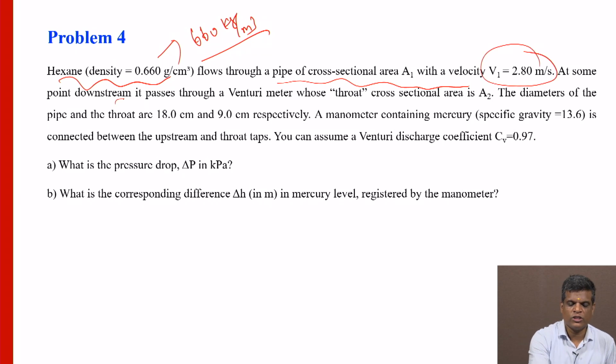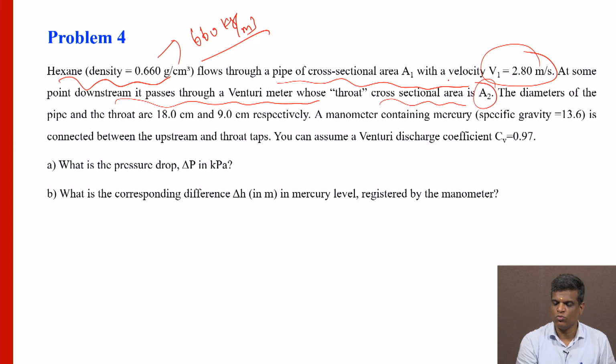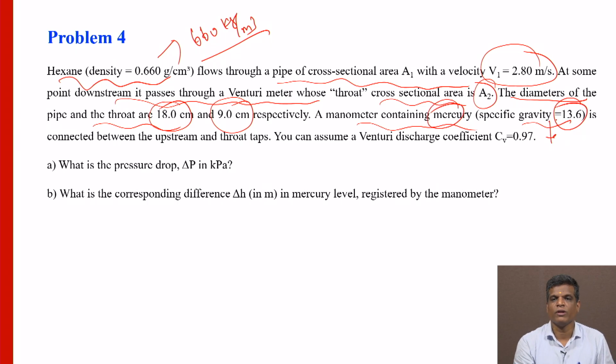At some point downstream of the Venturi meter is the throat cross-sectional area A2. The throat diameter is 9 centimeter. The manometer contains a fluid of specific gravity 13.6, they are using mercury, so we can write 13600 kg per meter cube as the density of mercury.